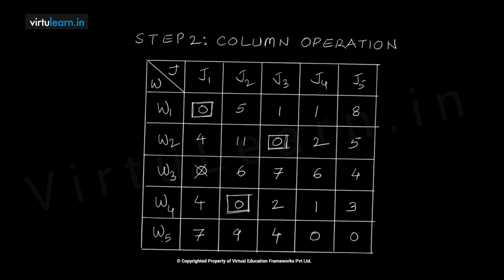In the fifth row there are two zeros, so we should not do anything.